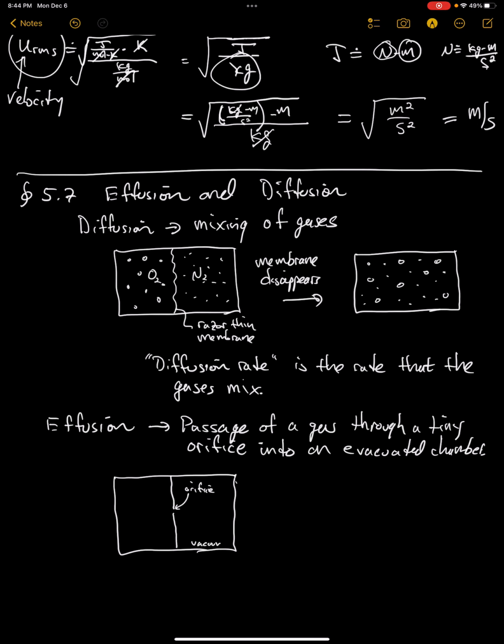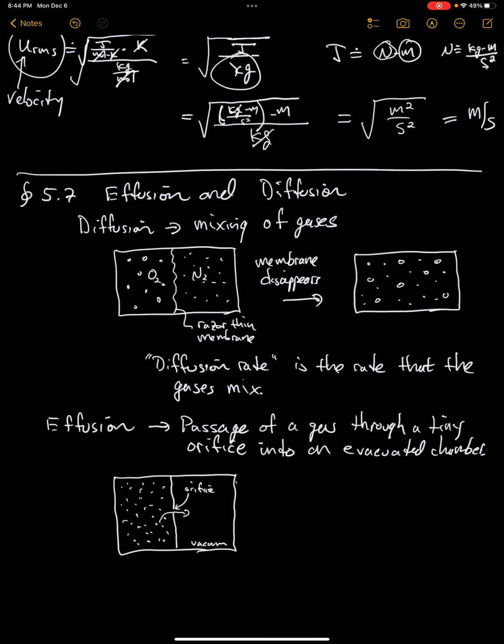So this side would be what we would call a vacuum. And then on this side of the tank is where we have a system of particles of gases. And effusion is basically the flow of one of those particles from one side of the tank through the orifice into the vacuum.